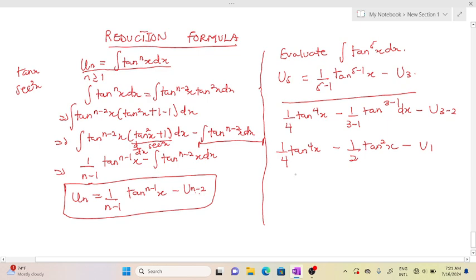So our u1 is simply equal to the integral of tan to the power 1, and you know tan to the power 1 is tan, so the integral of tan x dx. So that is u1.